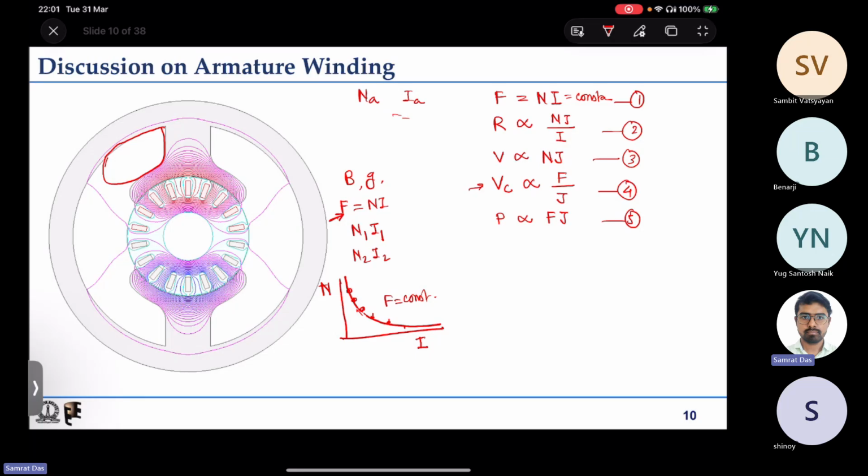For the armature winding, we have all these slot areas multiplied by the axial length, and that is the total copper winding volume that we have for our case.